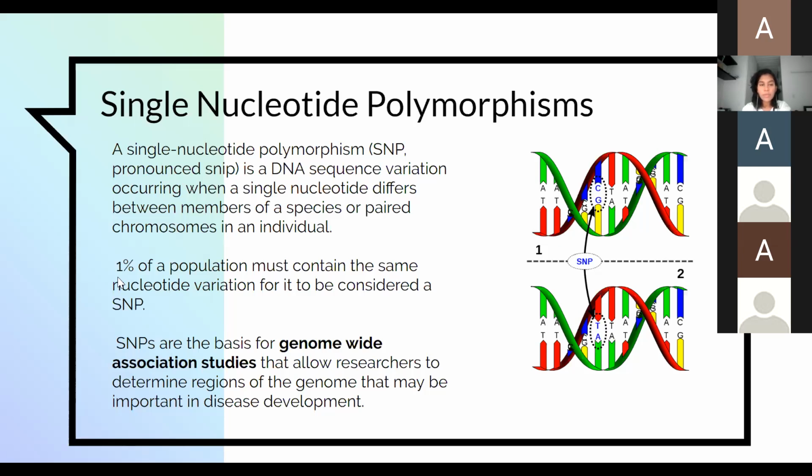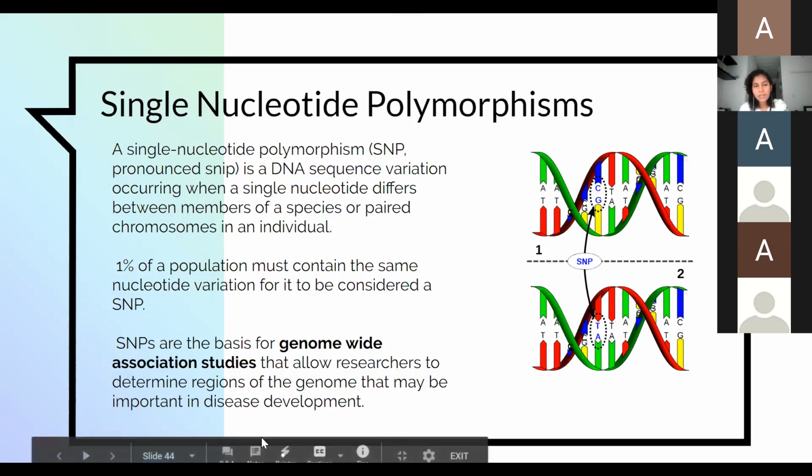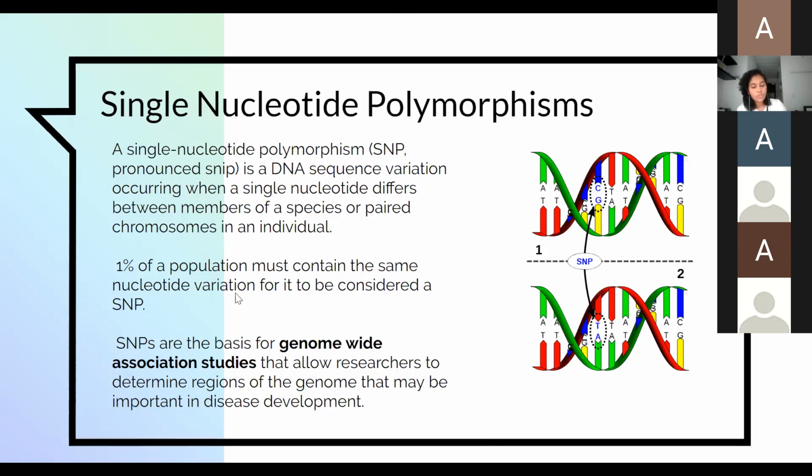A single nucleotide polymorphism just shows a variance in different phenotypes but doesn't have a huge negative consequence, whereas a mutation can cause a very large change in the phenotype.